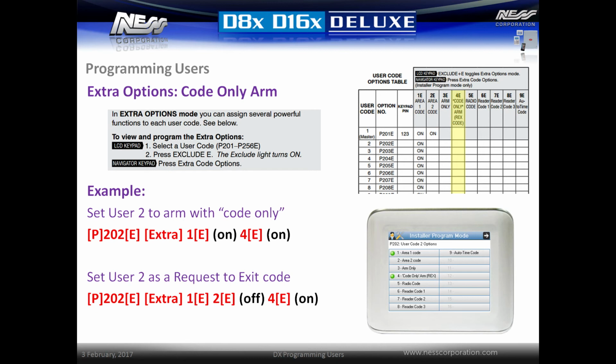Go into the extra options, ensure that area 1 is selected with 1E and that 4E is selected on. Optionally, to select user code 2 as a request to exit code so it doesn't arm or disarm an area, select P202E, enter the extra options, and ensure that area 1E and 2E are off and 4E is on.